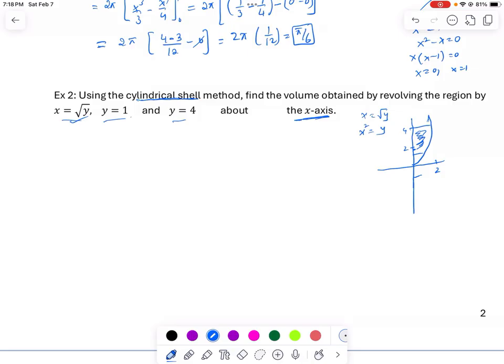So this is what it looks like. Now the cylinders will be sideways.